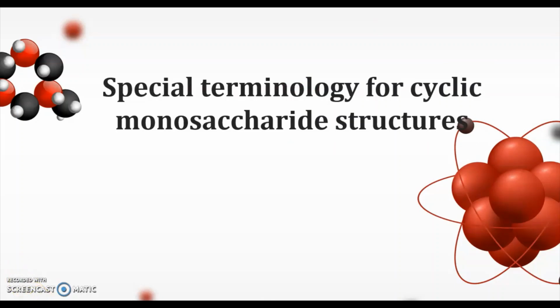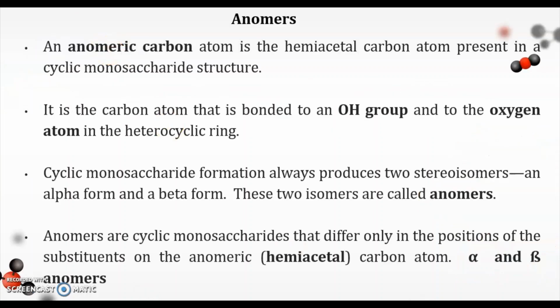Special terminology for cyclic monosaccharide structures. Anomers. These are the hemiacetal carbon atoms that are present in a cyclic monosaccharide structure.